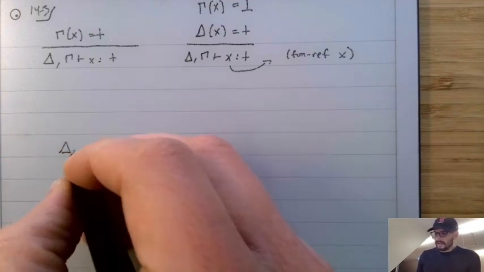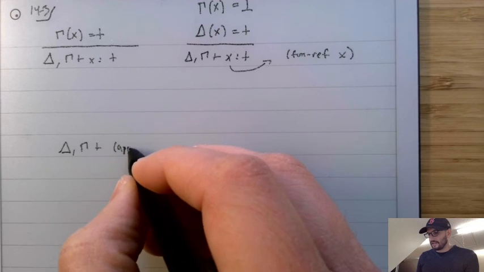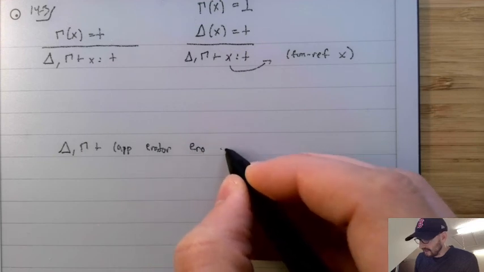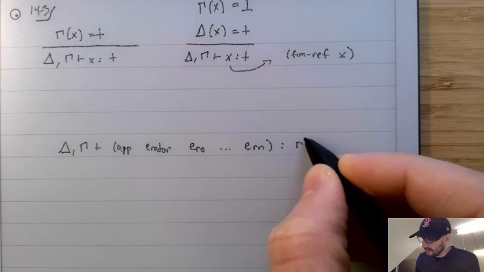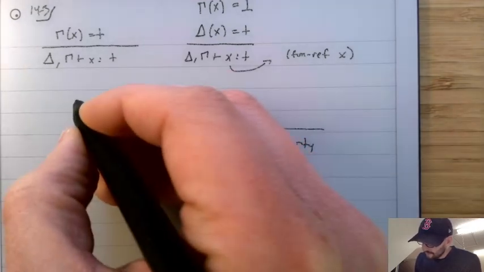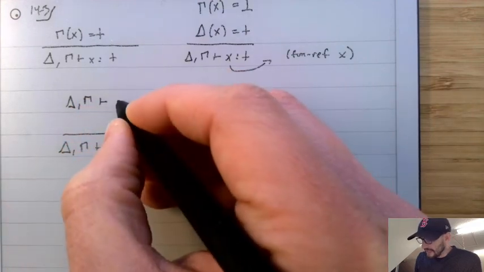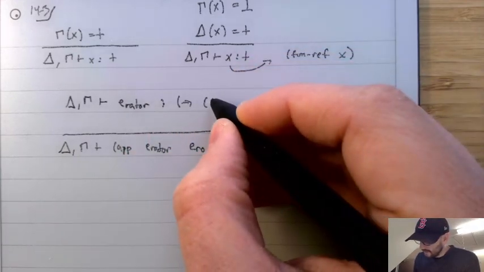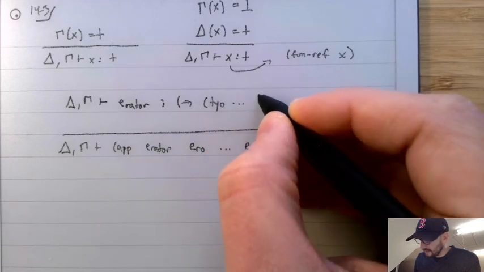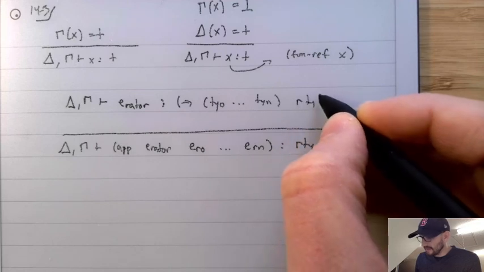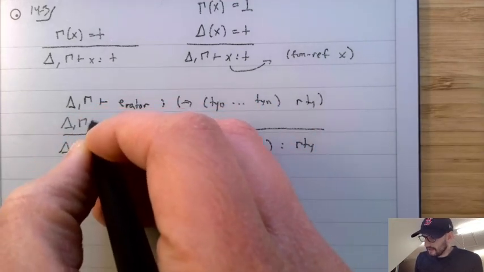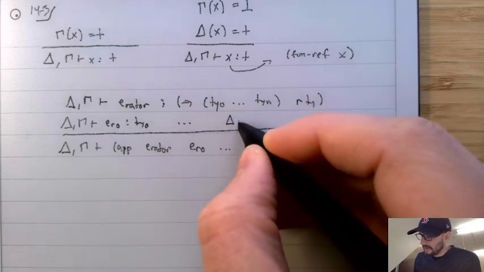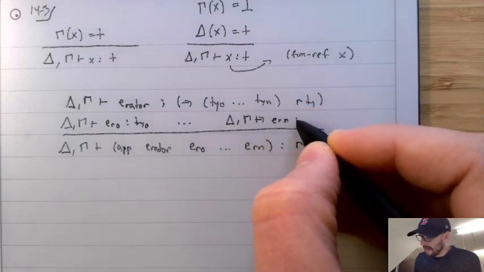So we'll say that delta gamma proves that an application of an operator to the operands er0 dot dot dot ern has type rty, provided delta gamma proves that erator has the type arrow ty0 dot dot dot tyn, and rty is its result, and delta gamma proves that er0 has type ty0 through delta gamma proving that ernd has type tyn.